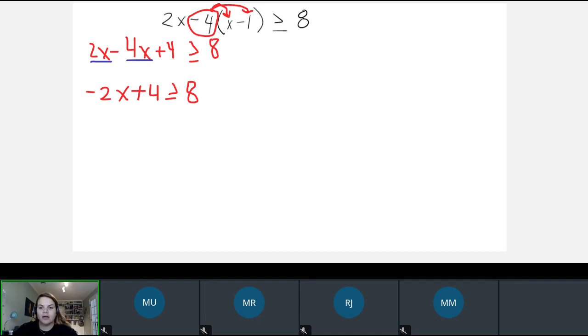Alrighty, so again, I want to solve for x. So I'm going to subtract this 4 from both sides. So when I do that, I'm going to get -2x is greater than or equal to 4.